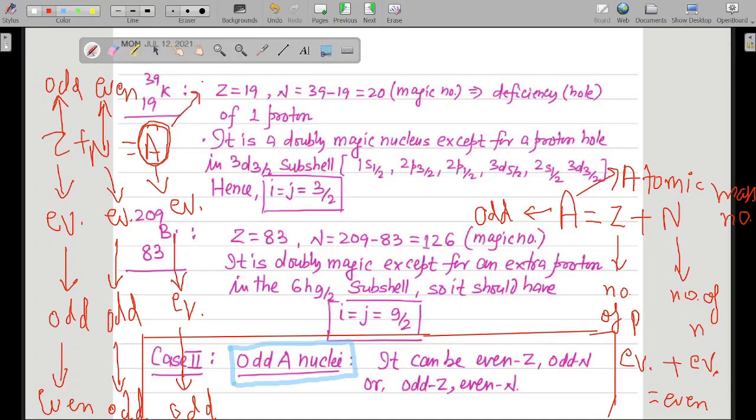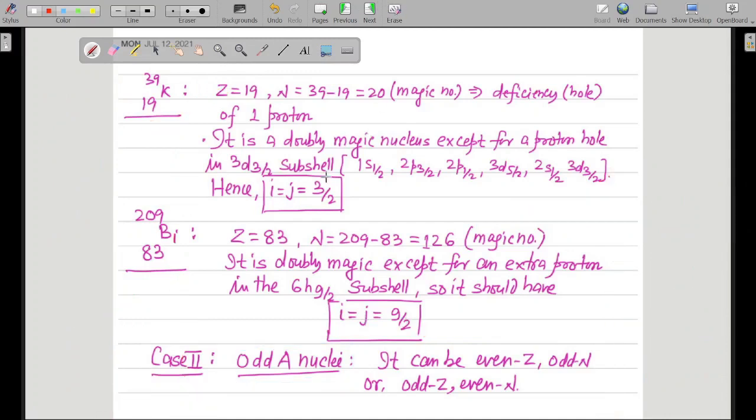So you must take care of this. Clearly, if the atomic mass number A is odd, it can be either even Z and odd N, or odd Z and even N, because even plus odd is odd and odd plus even is also odd.